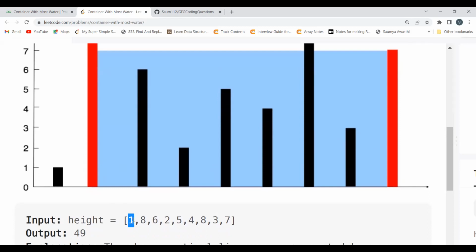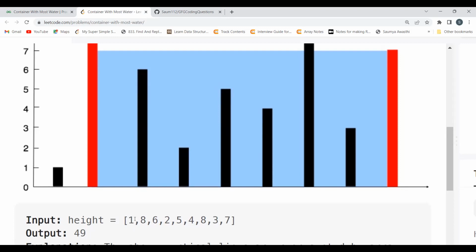So again the height I'm going to consider would be 1, and on top of this, I reduced the distance, and with reference to that the area is smaller than what we got before. Like now, 1 and 3, which one is minimum? 1. And what would be the distance? This is at 0th index and this is at 7th index. So now the area would be 7.